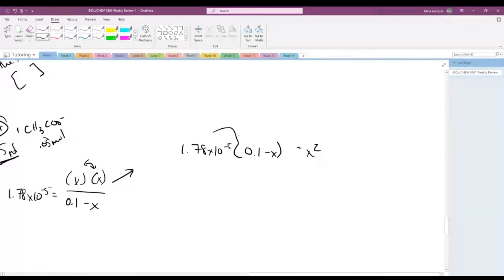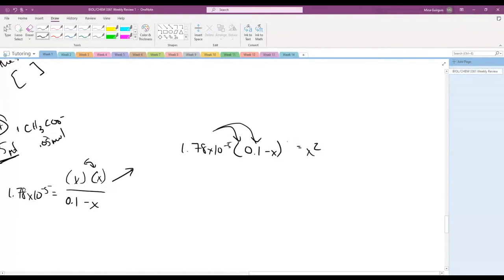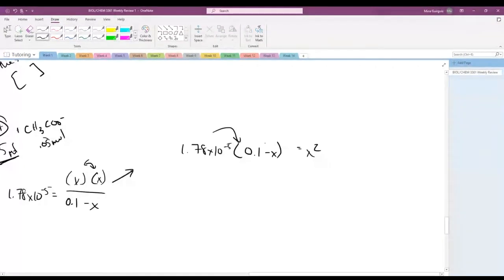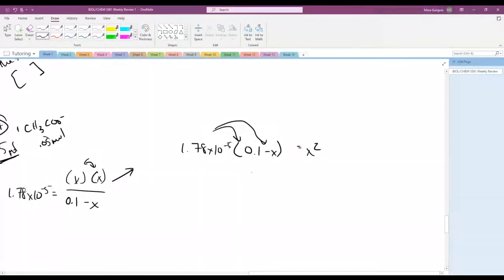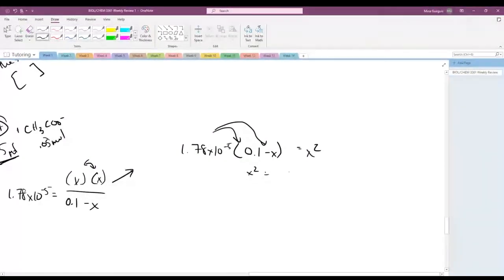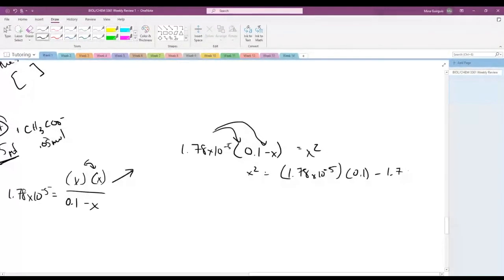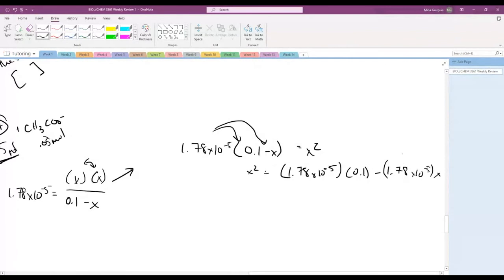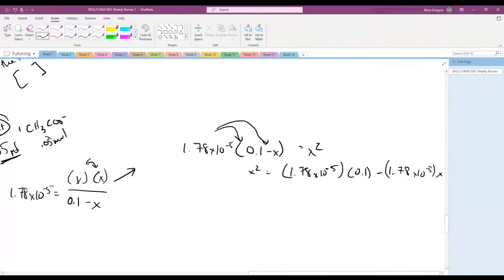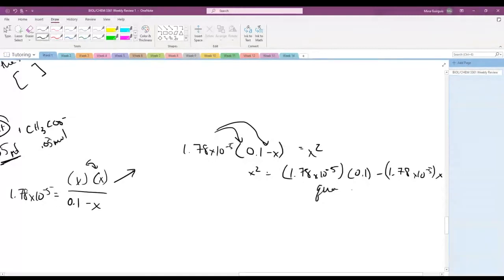I'm going to distribute this number into both of these terms. I'm going to get x squared equals 1.78 times 10 to the negative fifth times 0.1 minus 1.78 times 10 to the negative fifth times x. From here, I would move everything to one side and use the quadratic formula.